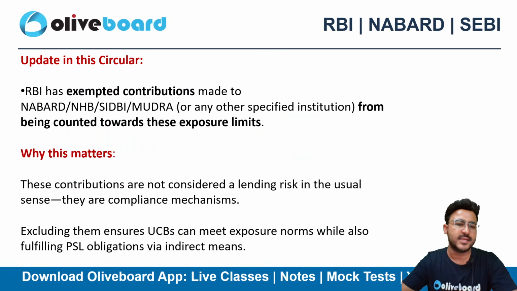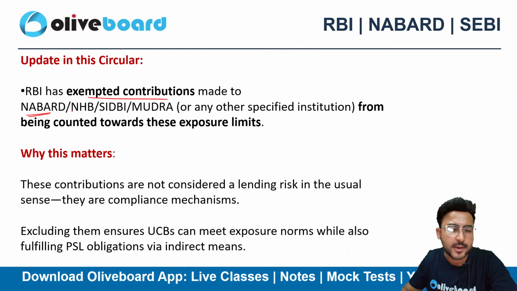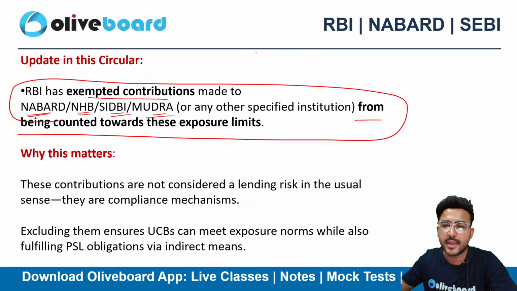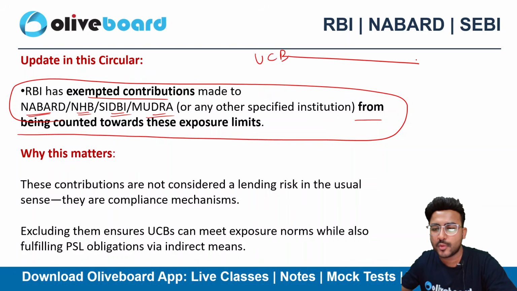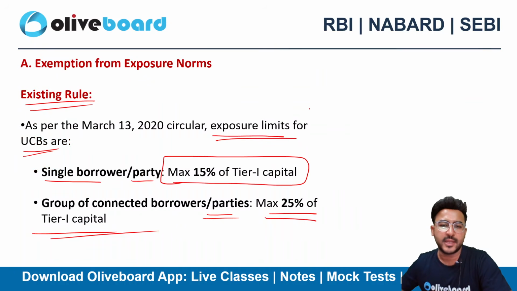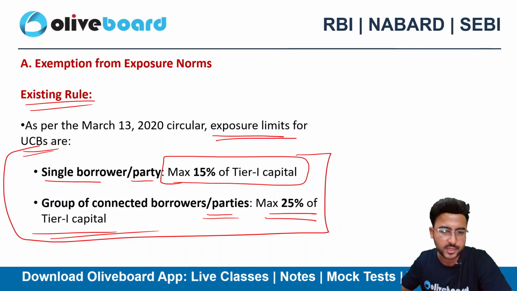So now RBI has done what? They have exempted the contribution to NABARD, NHB, SIDBI or Mudra from being counted towards these exposure limits. So if you are a UCB contributing towards these organizations, these entities, then this particular contribution won't be calculated for this particular limit purpose.